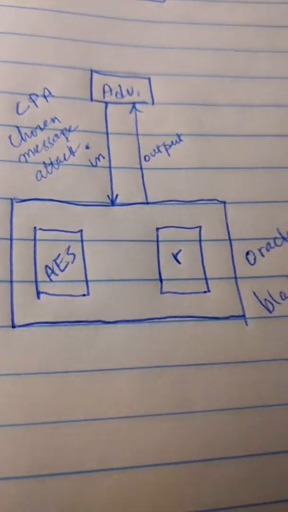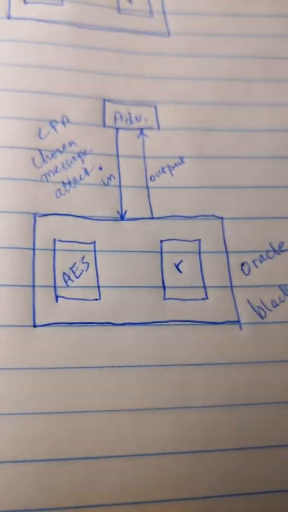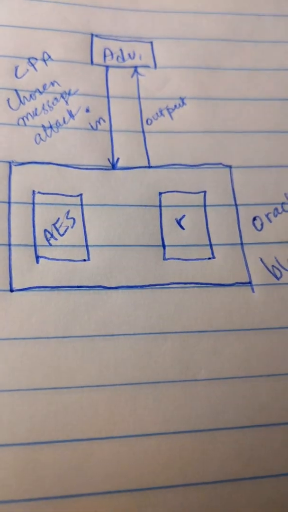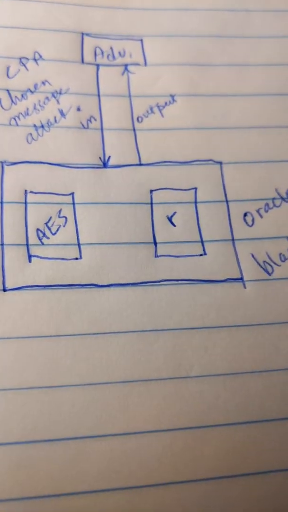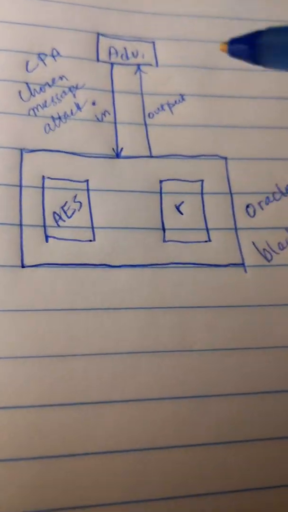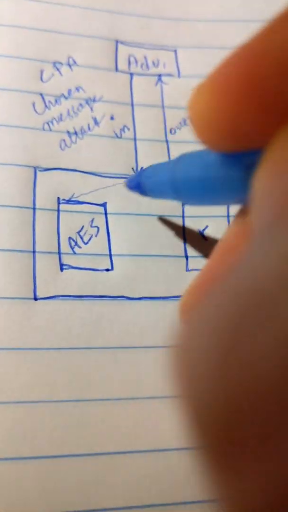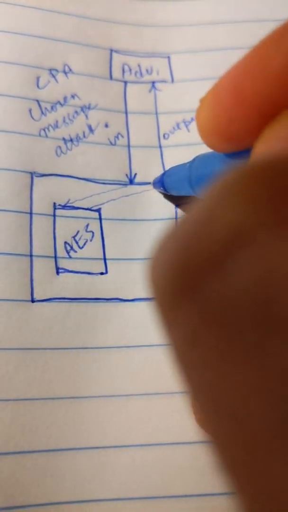So we pick one of these two engines in the beginning based on a fair coin flip. And let's say for the first session that AES was selected.